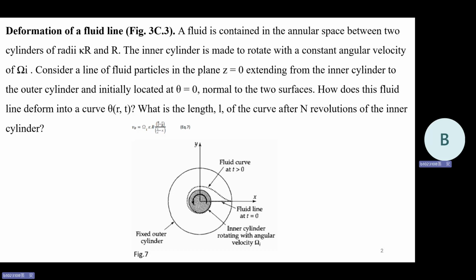How does this fluid line deform into a curve theta of r and t? What is the length L of the curve after capital N revolutions of the inner cylinder? We can refer to the equation here.